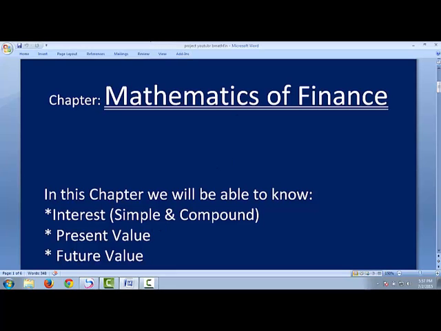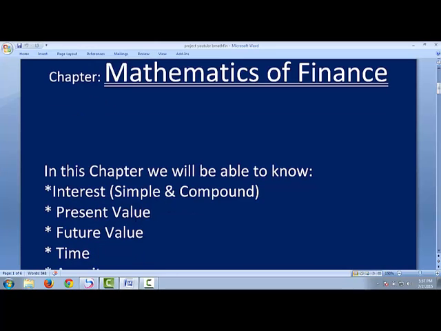And present value. What is present value? Present value is the sum of money which is deposited for some years or some months. That is the real value, the present value.